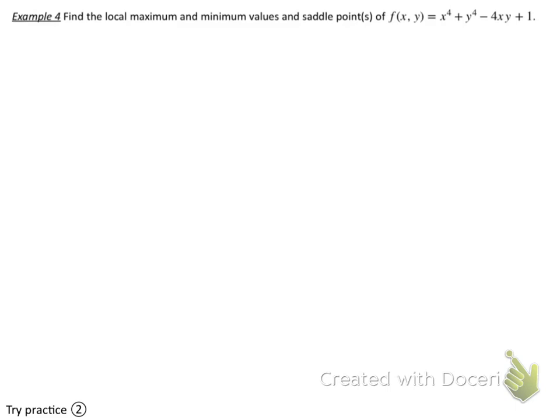Let's look at our example 4. We're looking for the local maximum and minimum values and also the saddle points, if you have any. The function is x^4 plus y^4 minus 4xy plus 1. So, of course, we are going to compute f sub x: for x^4, we get 4x^3, minus 4y, plus 1 gives 0.